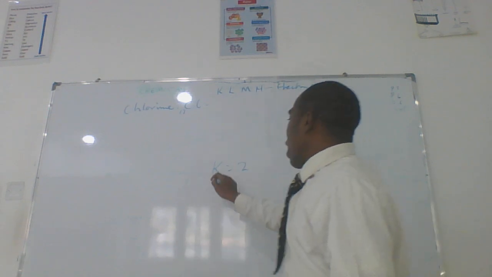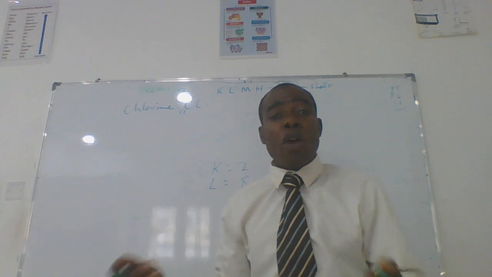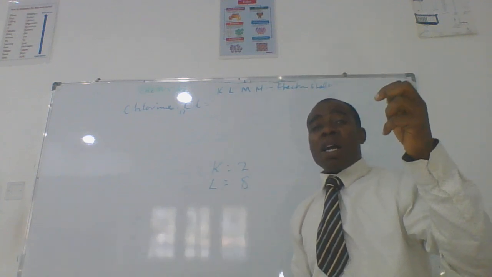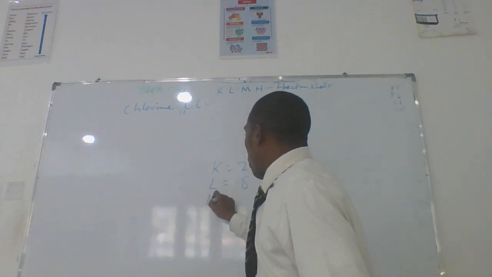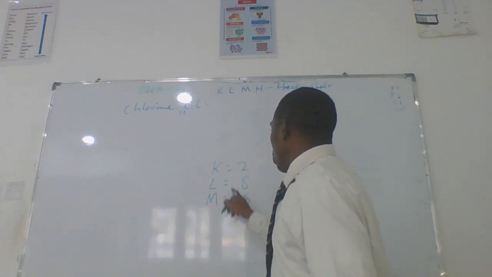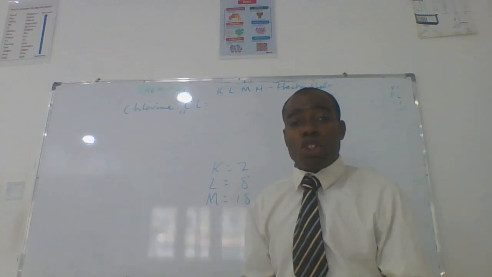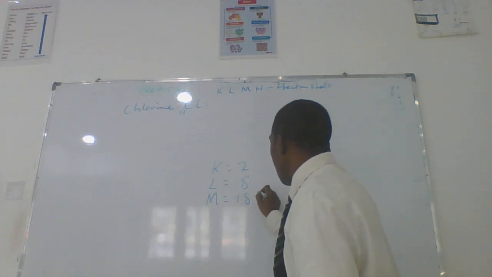Now, L will take a maximum of 8. It has the capacity of taking 8 electrons. Now, based on the electron rule, normally we are supposed to put 18 here: 2, 8, 18. But to avoid confusion or ambiguity, we just put 8.